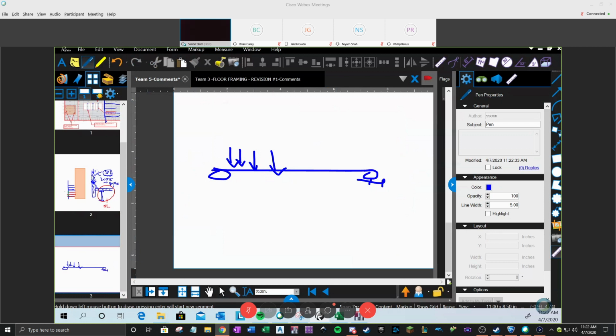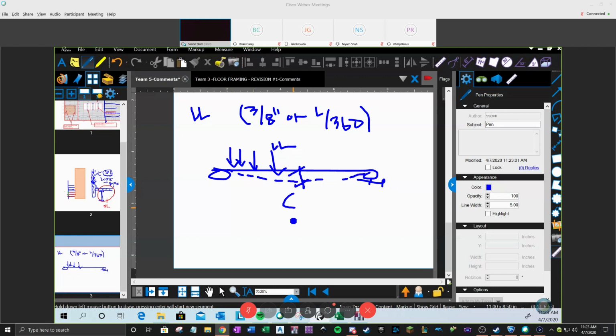At this point we have to check in more detail, but these are big ballpark numbers. I mentioned L/360; we are mostly focusing on deflection under the live load, when beams deflect under the live load, right?